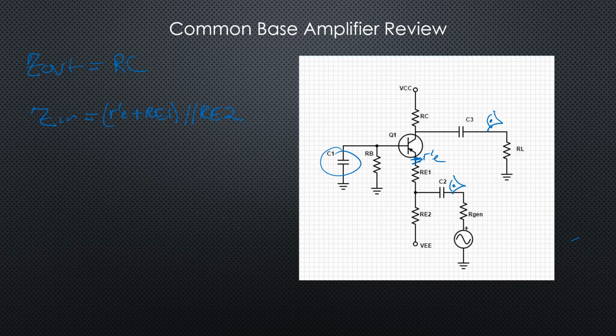And while we're here, we could go ahead and do our AI. So we know that AI is I out over Iin. We can translate I out to V out over RL, because we're interested in the current that's through the load.